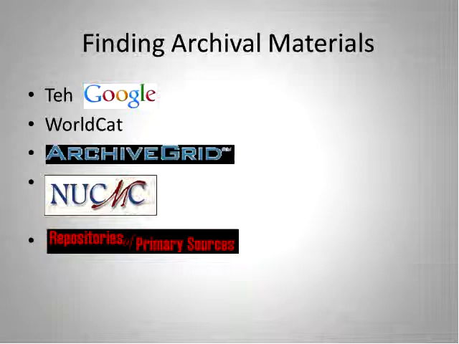You might be able to find online reproductions of archival materials. You might be able to find online archives through a Google search. You might be able to find archival repositories in your neck of the woods that have material that you can access by doing a Google search.